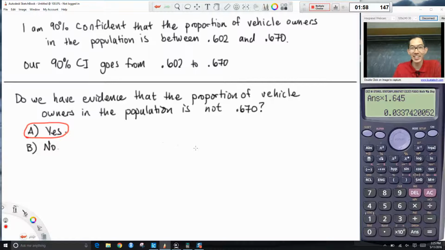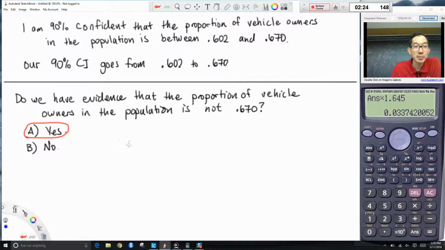So change your answer so you have a yes. Four people haven't clicked yes yet. Two people. All right. One person, you still got it wrong.